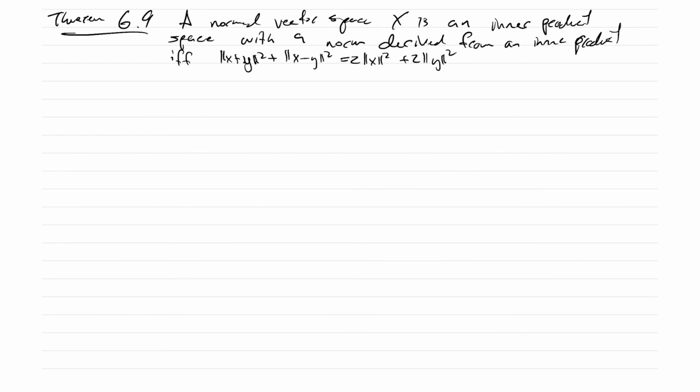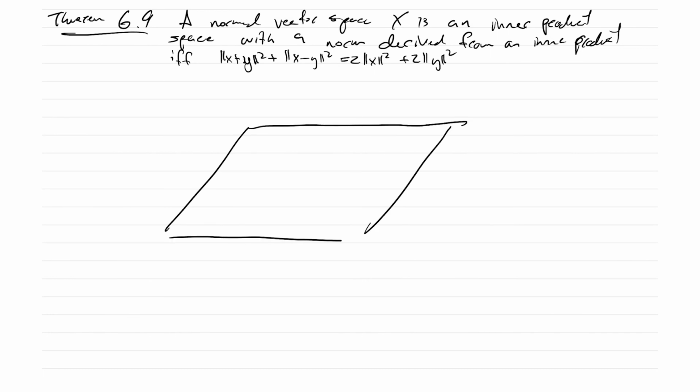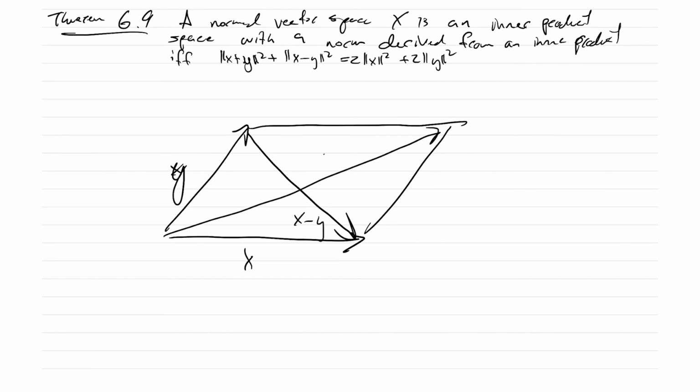Okay, so this is called the Parallelogram Law, and basically when you have that, you have an inner product space. Essentially, people draw this figure: let's say this is y, this is x, and then this would be x minus y, and this would be x plus y.